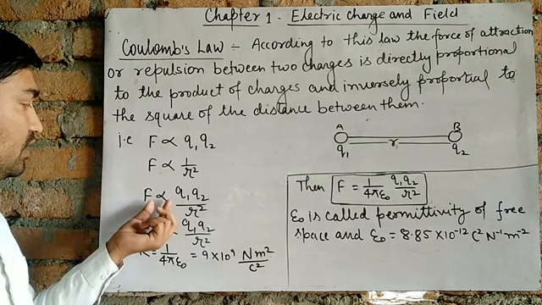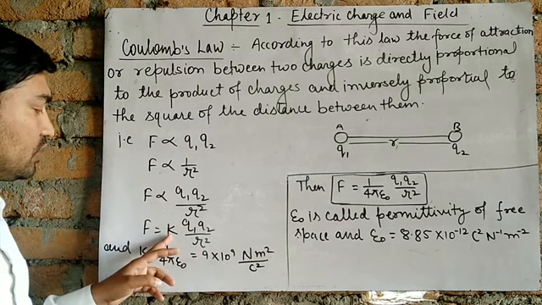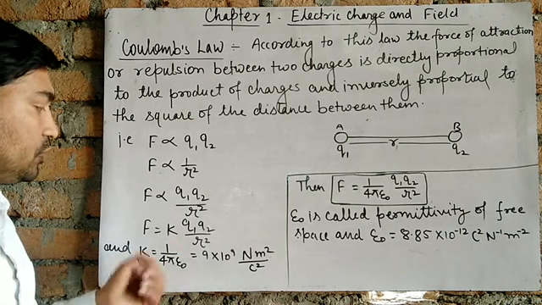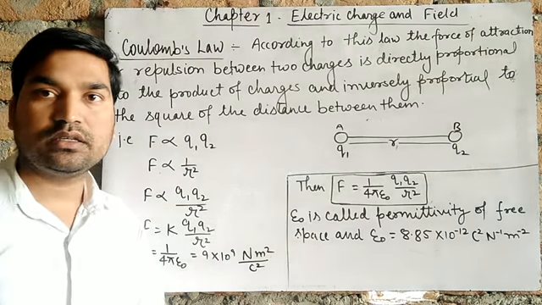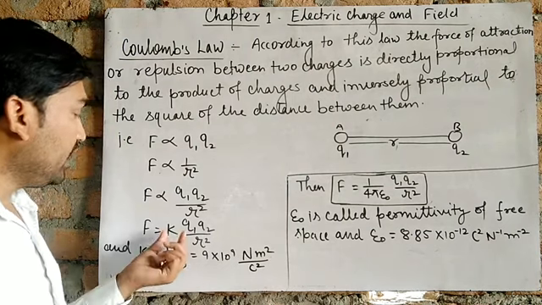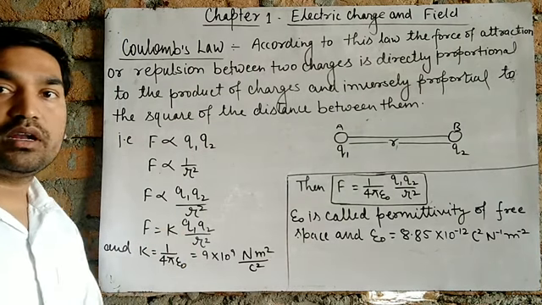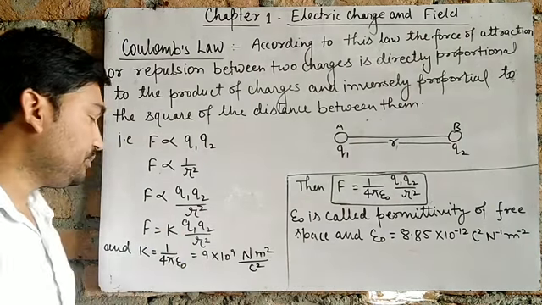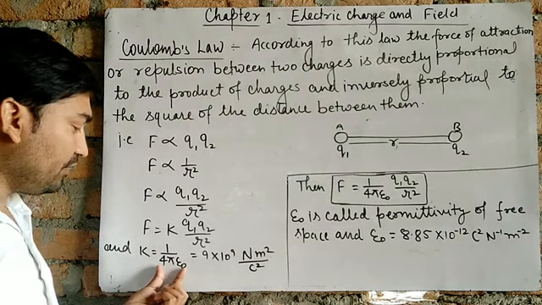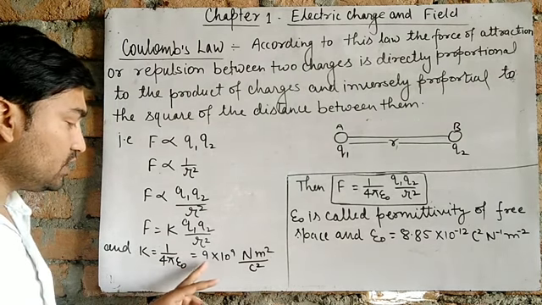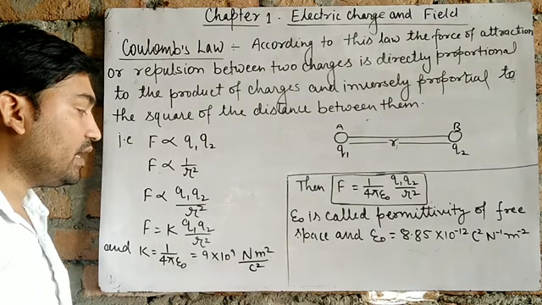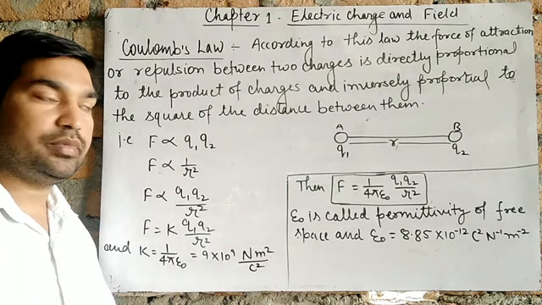After removing the proportionality sign, we use a constant k, and experimentally it is calculated that the value of this constant k is 1 upon 4 pi epsilon naught, and the value of k is 9 into 10 to the power 9 Newton meter square per Coulomb square.